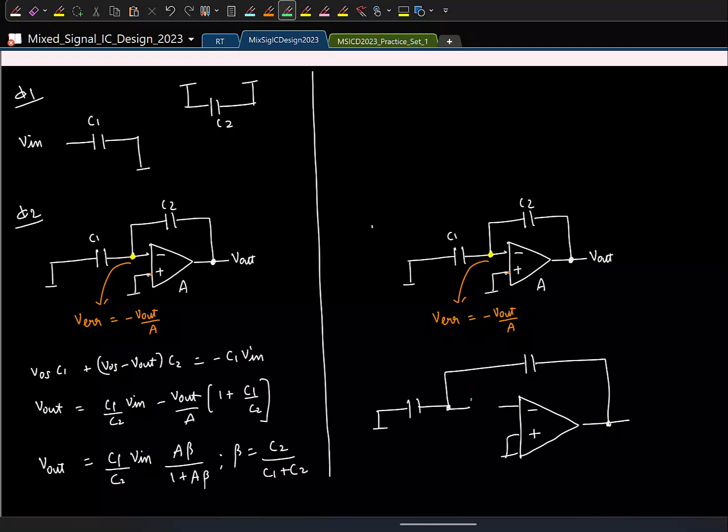We will put a capacitor charged to minus V out by A. I'll just put it here. So this is charged to minus V out by A. Okay. So this is V out. If I do that, I expect that this Vx will tend to 0. But now the question arises, how do I get this estimate of minus V out by A?